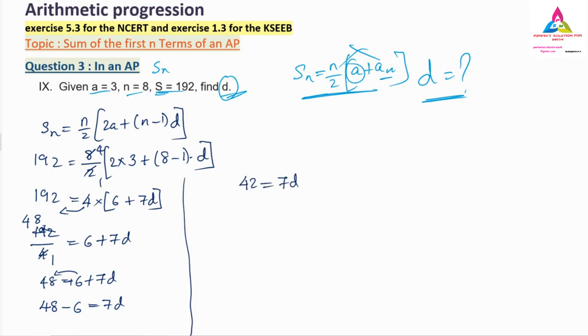We have to shift this 7 to the other side, because we have to keep only d on one side, because d is unknown, not 7. So 42 divided by 7, because it was 7 into d, the 7 we have shifted becomes division. 7 6s are 42. So what is left is the d value, that is 6. So this is our answer. The d value over here is nothing but 6, which is the final answer.